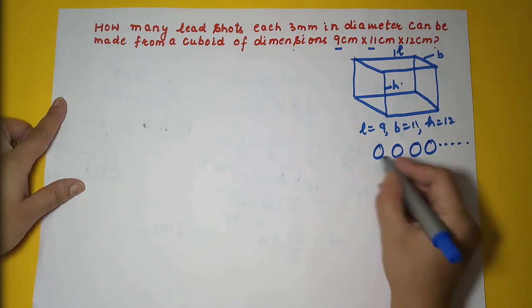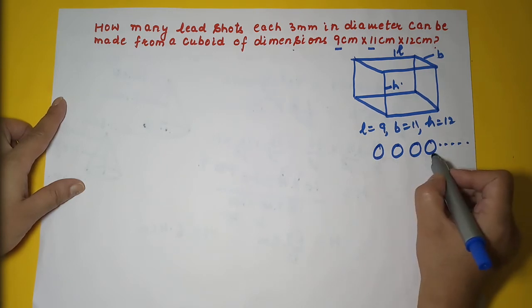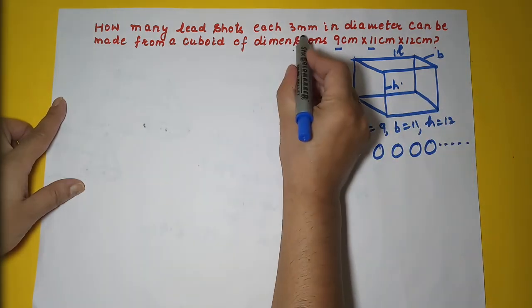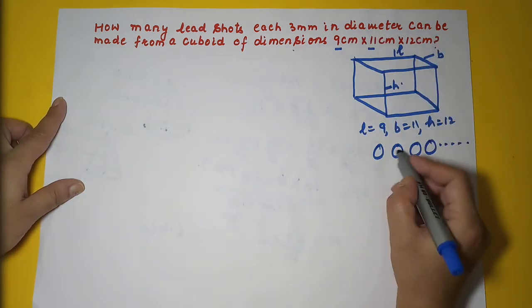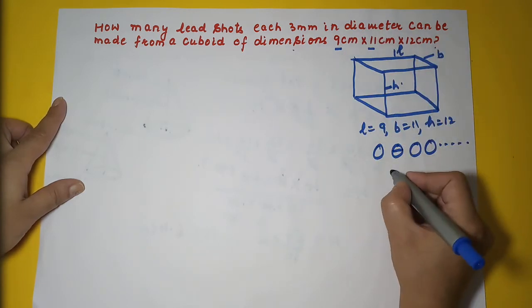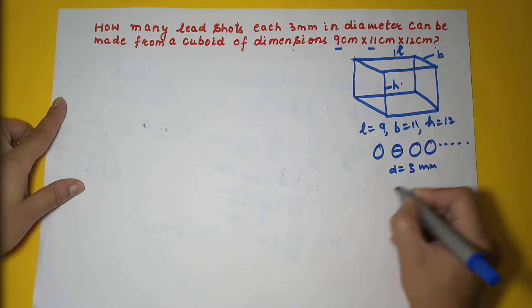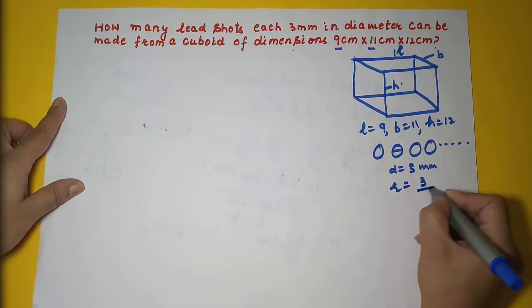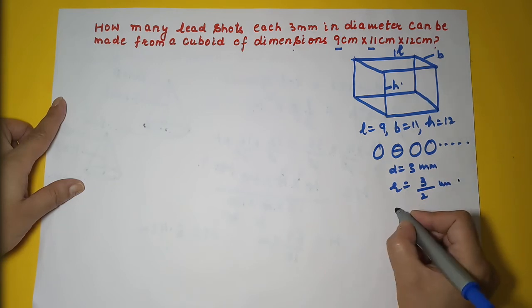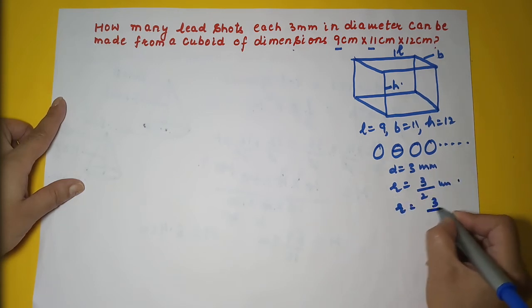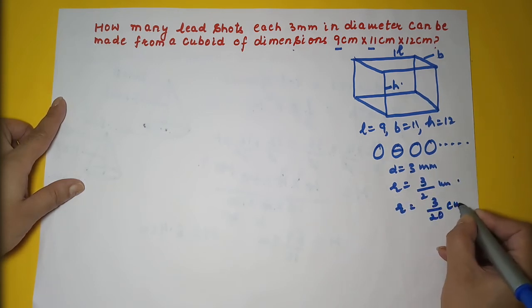We don't know how many lead shots. We have to find that. Each is having 3 millimeter diameter, so radius will be 3 by 2 millimeter. If we convert that into centimeters, that will be 3 by 20 centimeters.